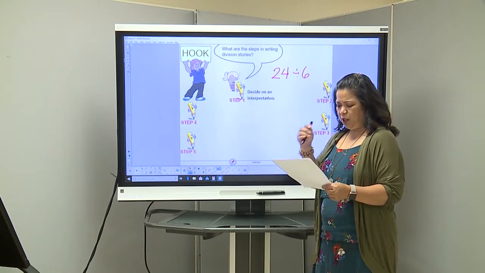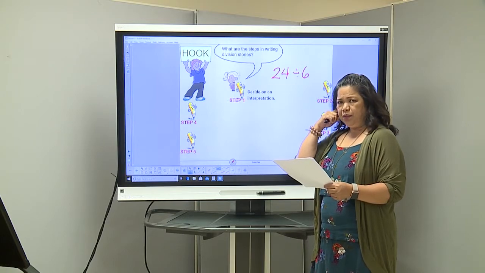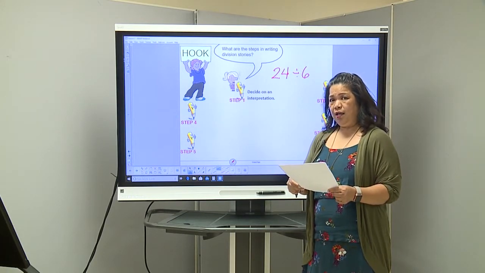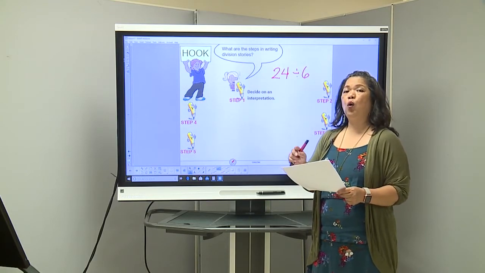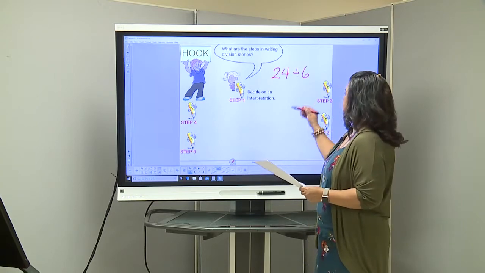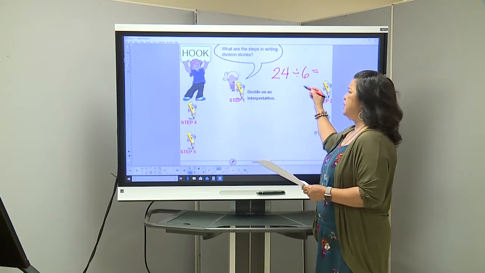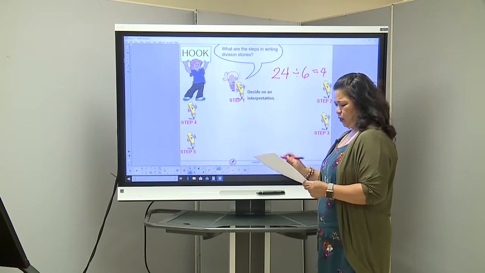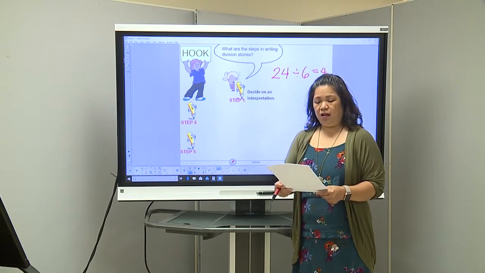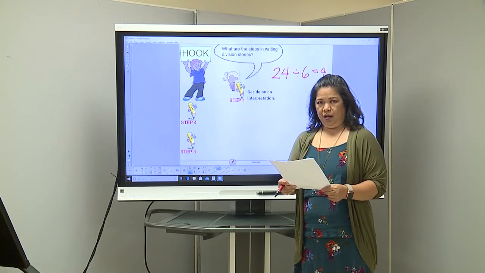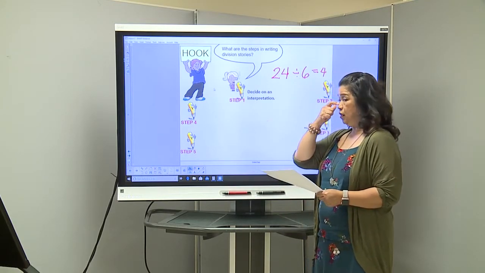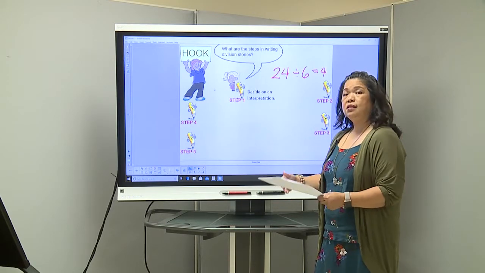Now using partitive division, I am thinking with this expression, 24 is 6 groups of what size? So that's partitive. The quotient, 24 divided by 6, is 4. The 4 tells the size of each group. All right, so that's partitive division, and that is what we're going to use for, I think, this entire lesson.